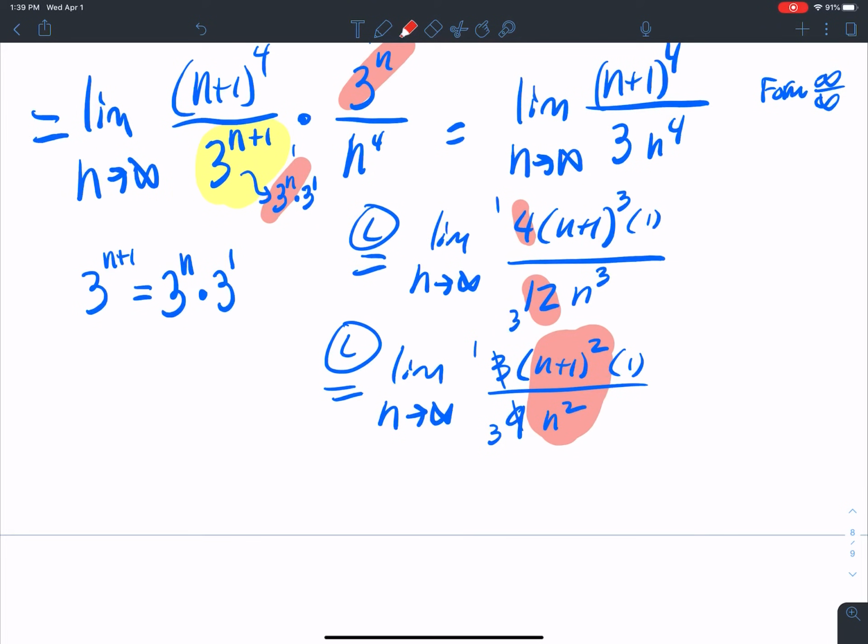The top is degree 2 and the bottom is degree 2. Therefore, all we have to do is look at the coefficients. You can keep running through this if you want to, but your answer is going to be 1/3. What do you know about this 1/3 here?